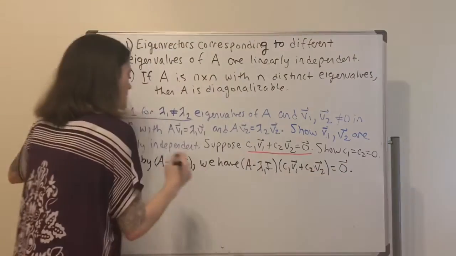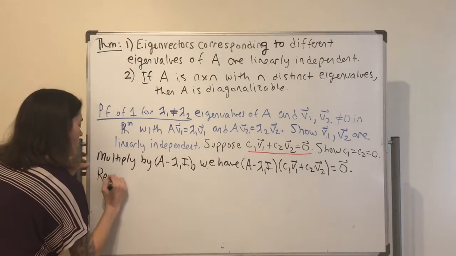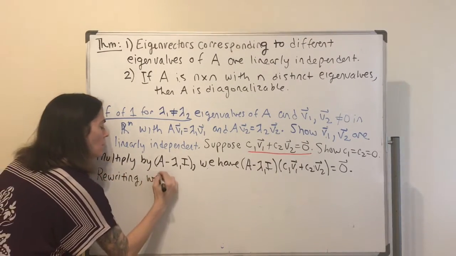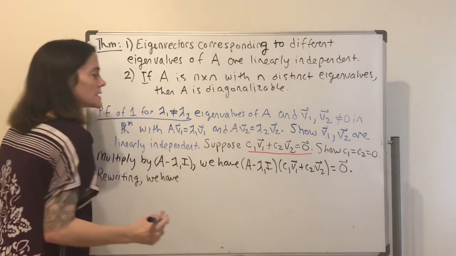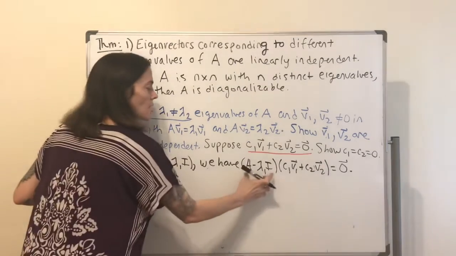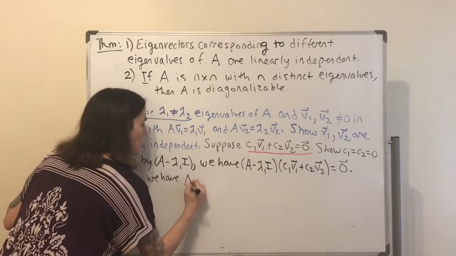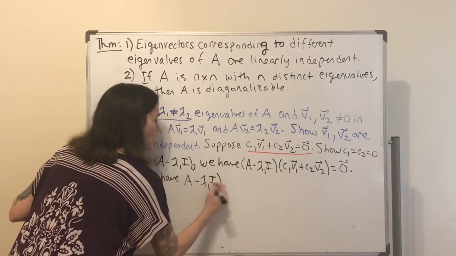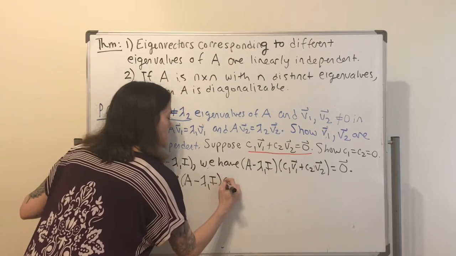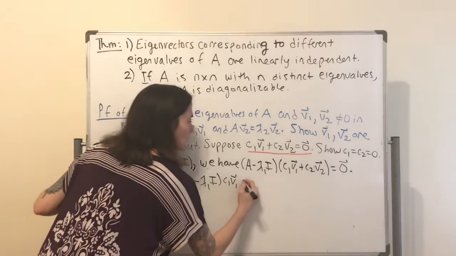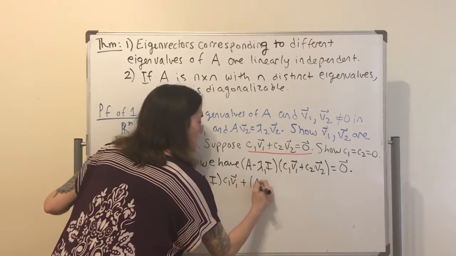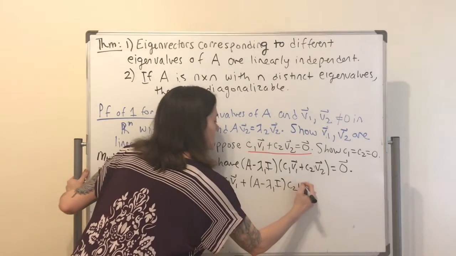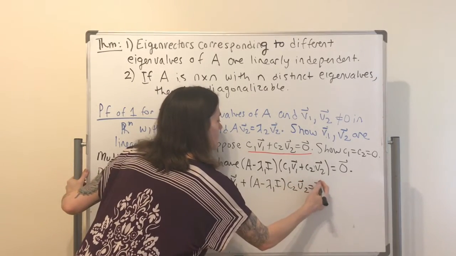Now I can rewrite this just using properties of matrix times a vector. This is A minus lambda 1 I C1 V1 plus A minus lambda 1 I C2 V2 is 0.